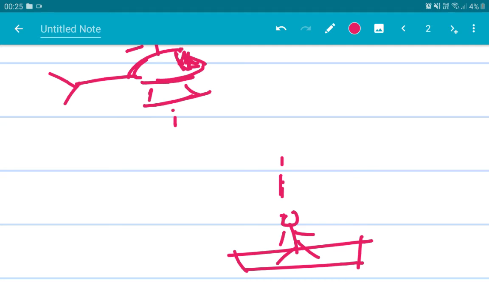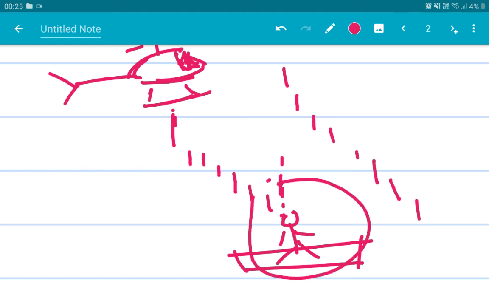See, he throws this here, so slowly it will come like this to this person. But if he throws here, it deviates its path like this, and this person won't get that food.